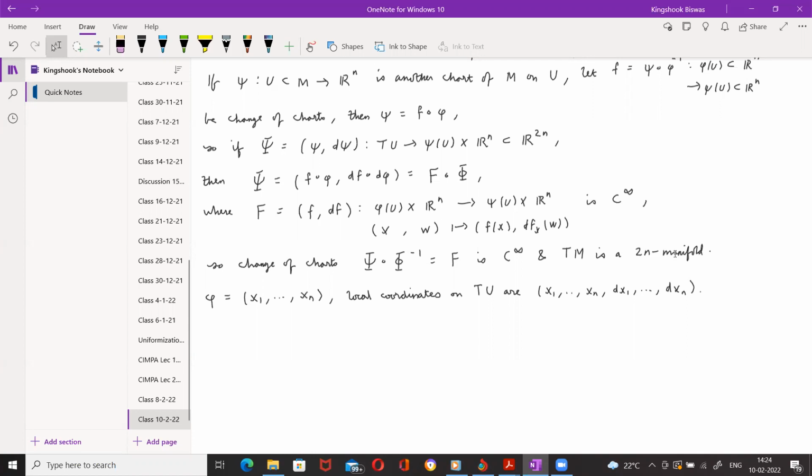Yes, sir. So the picture to have in mind is you have M here, and then over each point of M, you have the tangent space sitting. And so for the 2n dimensions, you have n dimensions from the base.